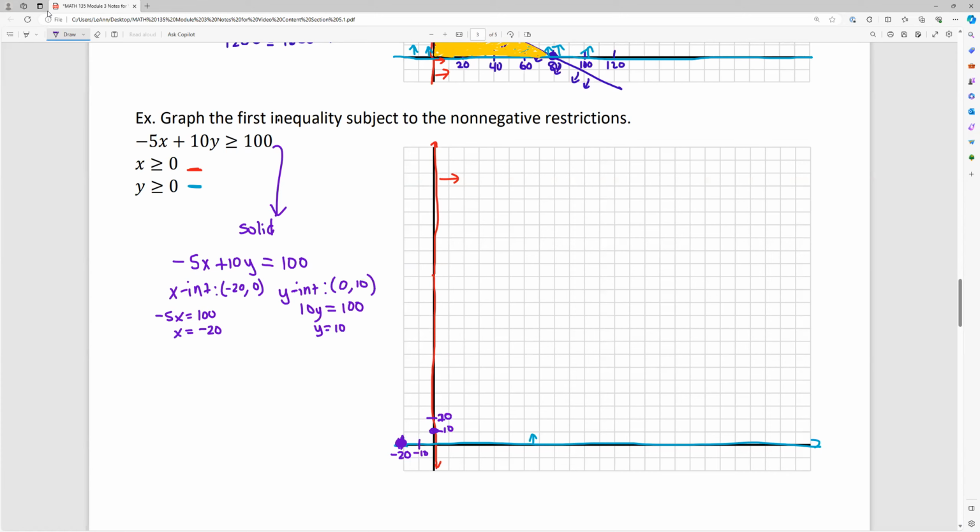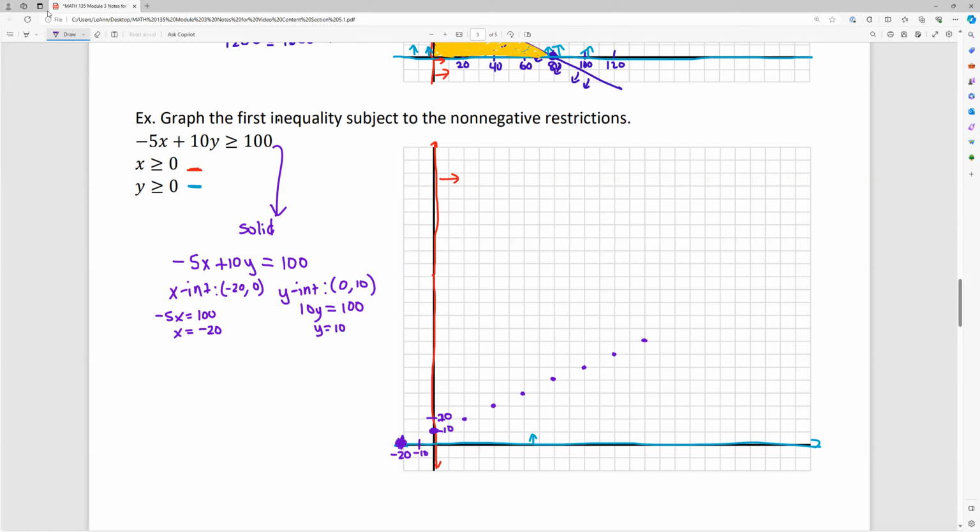And the reason I'm counting by these instead of counting by 1, 2, 3, 4, 5, 6, 7, 8, 9, and all that is because there was not enough room in this direction to make it easy to graph. But if you wanted to, you can use this as a guide for slope. We can go up 1 over 2, up 1 over 2, and continue the line that way.